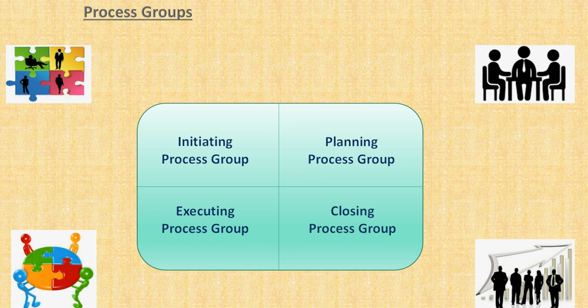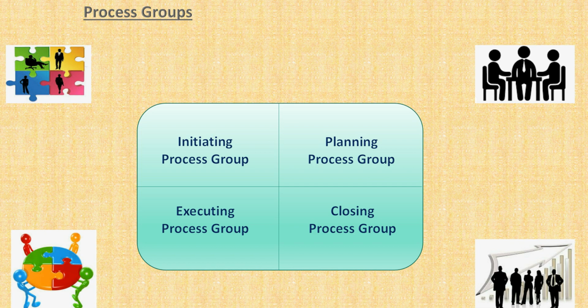The fourth one is your closing process group. Once we are done with all our delivery, once we are done with all the approvals and all the things in a project, we have to finally close the project, isn't it? To close the project, we have some specific processes which perform the tasks related to closing the project. For example, we have to close all our contracts. We have to take the final approval.